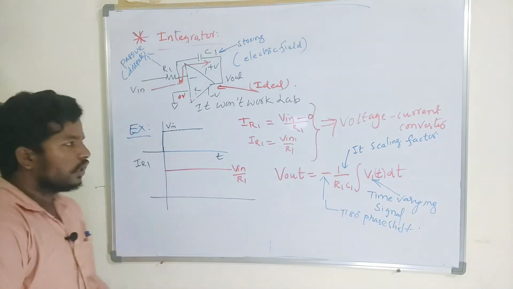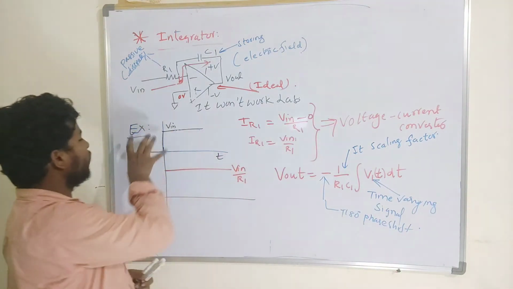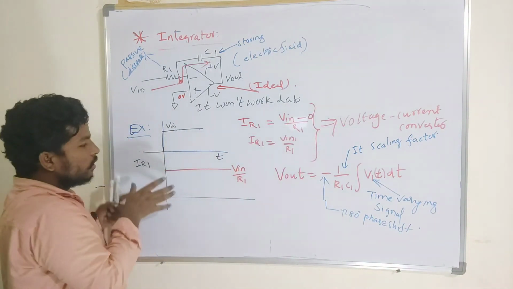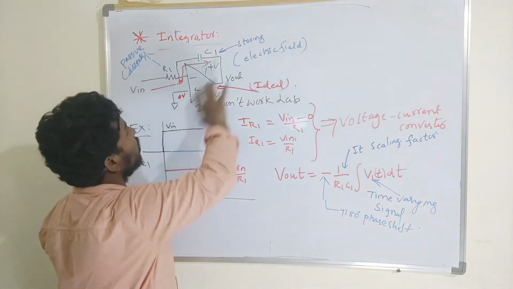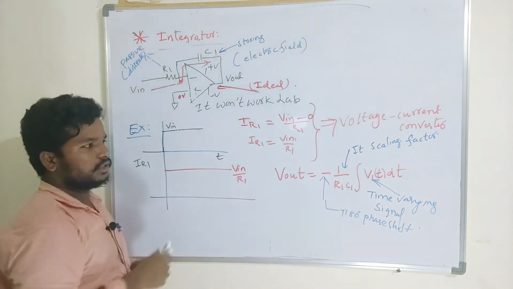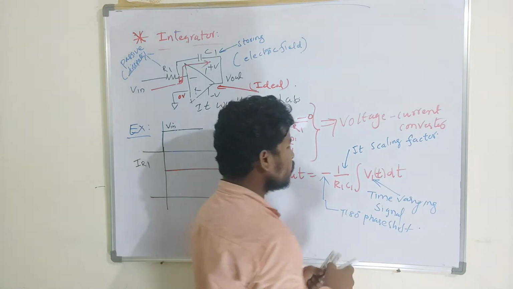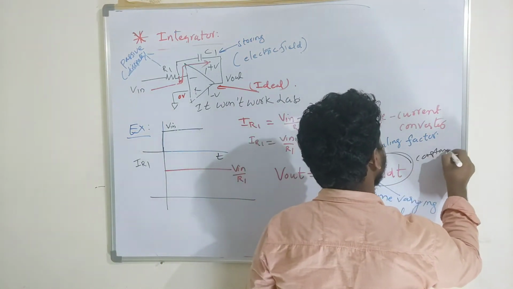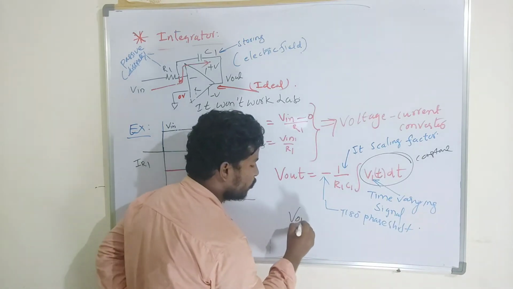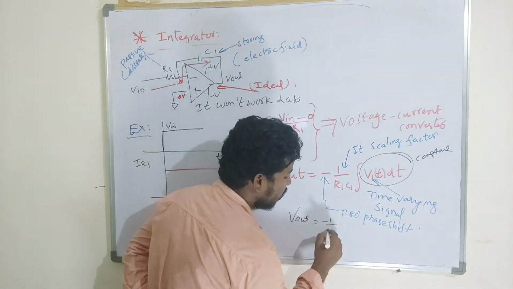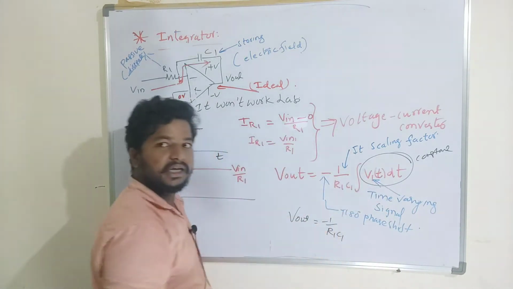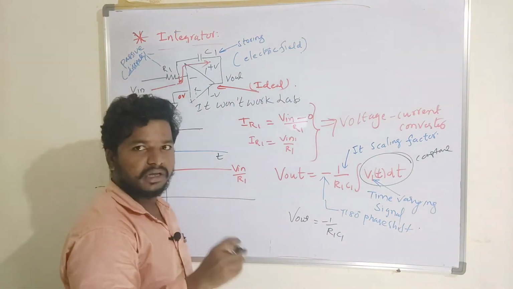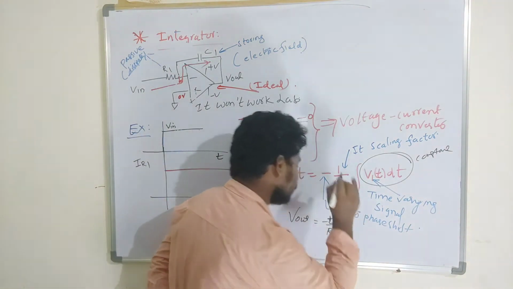If I apply a positive voltage, a constant current flows through the capacitor, so this term is constant. We can represent V output as minus 1 by R1 C1, and when I integrate the constant, I get t.